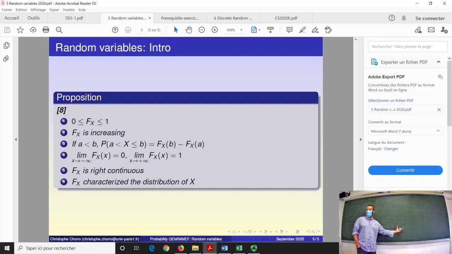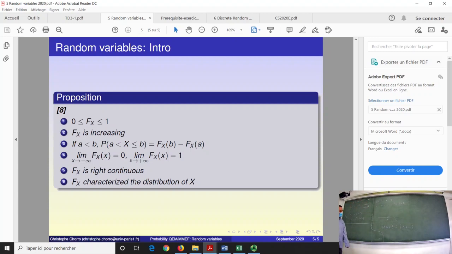I said that one is smaller than the other one in the sense of inclusion. Which one? This one is included in this one. Of course, I have this. Why? Because if I am less than x2, I am less than x1. So x less than x2 implies x less than x1.